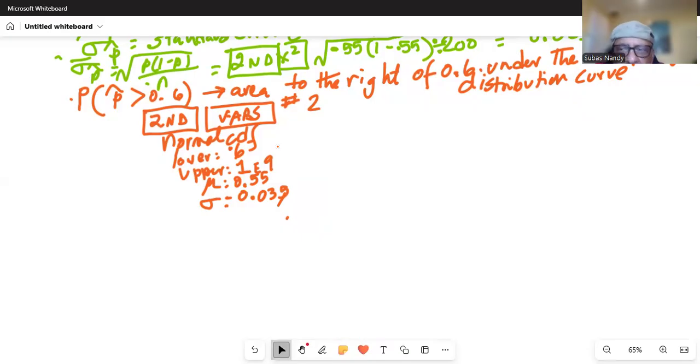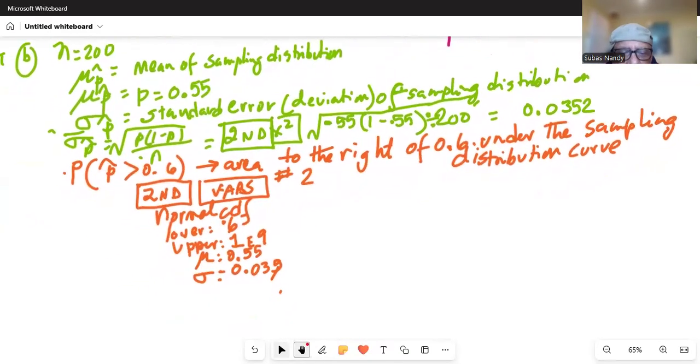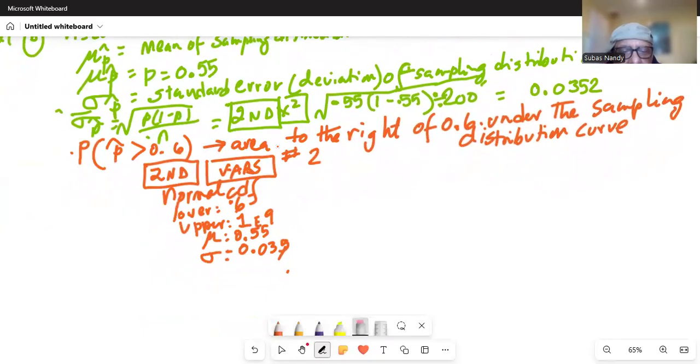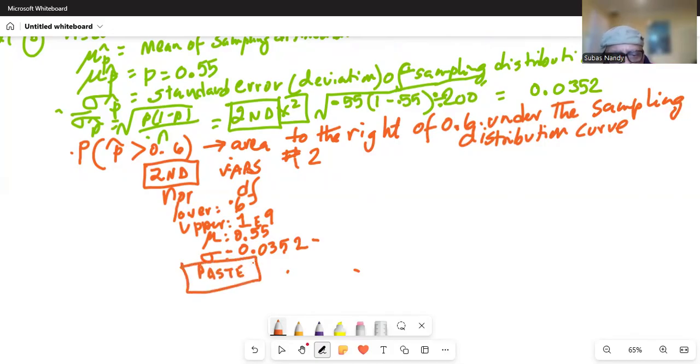Want to make sure that I've got the correct standard deviation, 0.0352. Then we go down on paste, put the cursor or the black rectangle on top of paste and hit enter twice.